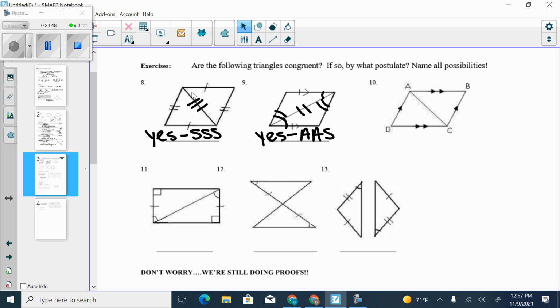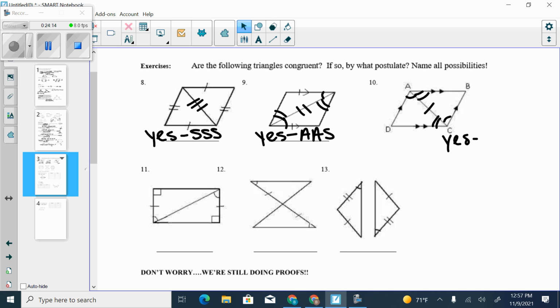All right, on number 10, anything marked as congruent? No, but what can we add in? Shared side, what else? Alternate interior angles here and here, as well as here and here. Okay, so are these congruent? Yes, by, what is it?